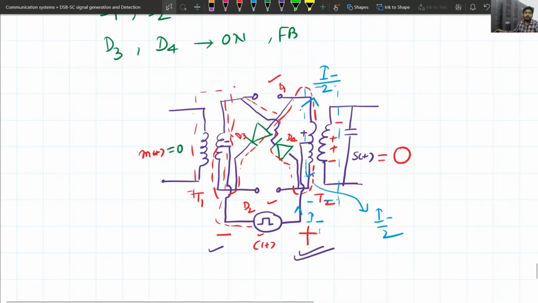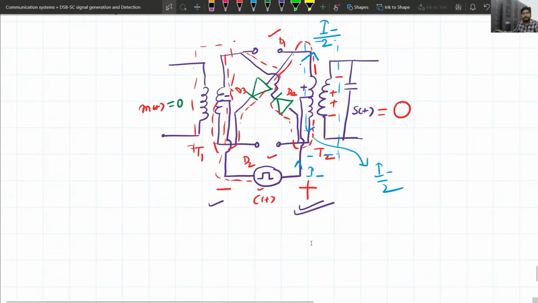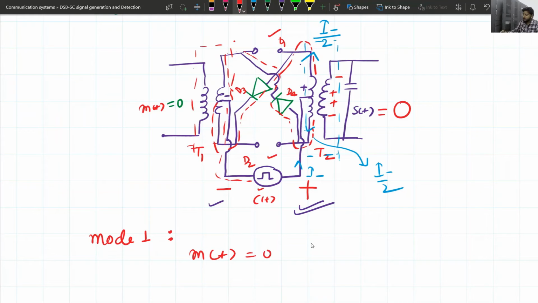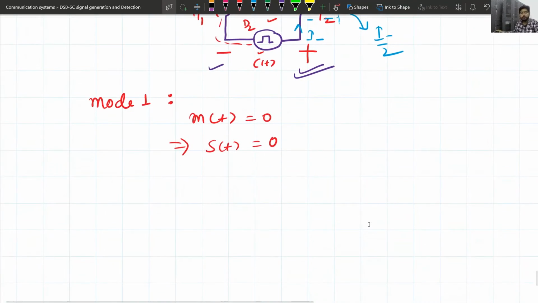Then we can say in both cases, when c(t) is greater than 0 or less than 0, in mode 1, when m(t) is equal to 0, s(t) will also be 0. This is mode 1. Let's move on to mode 2, when m(t) is non-zero.